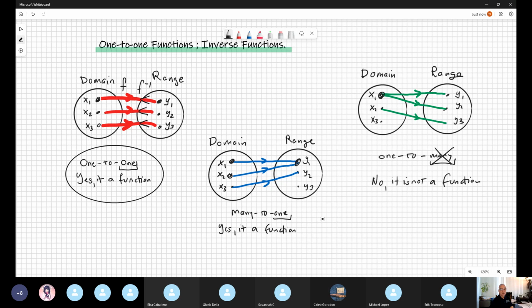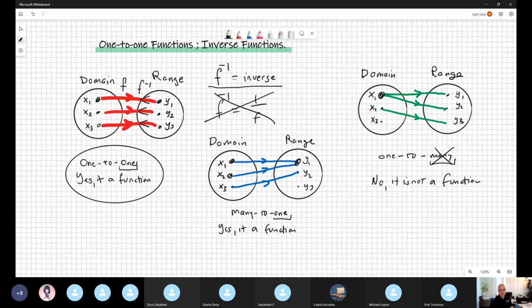The notation we use to denote the inverse function is f with -1 here. It can look like an exponent, but actually it's not an exponent. It's a symbolic way to indicate the inverse function. Keep in mind that this is not an exponent, this is not a reciprocal; that is wrong.